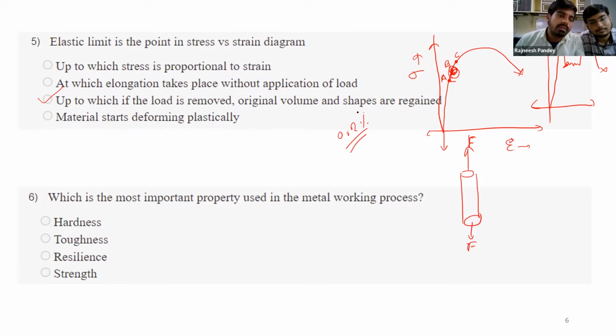So the 0.2% is a standard that has been made by some particular agencies, which defines that after a permanent 0.2% deformation, the first yielding is shown, and this is known as offset yielding.